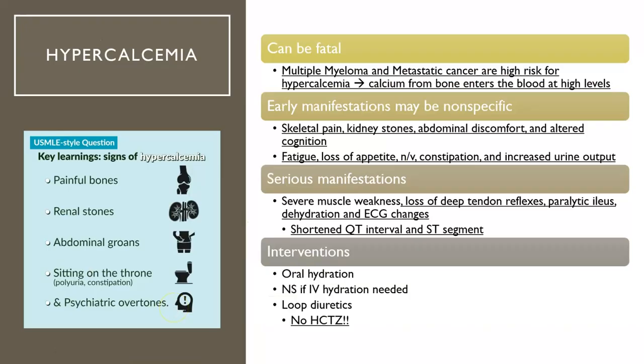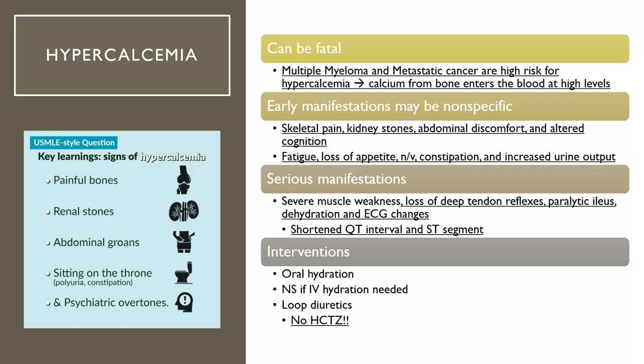And then hypercalcemia. As we know, calcium plays a significant role in your bones, in your blood, and in your muscle contractions. So if it is too high, it can be fatal.